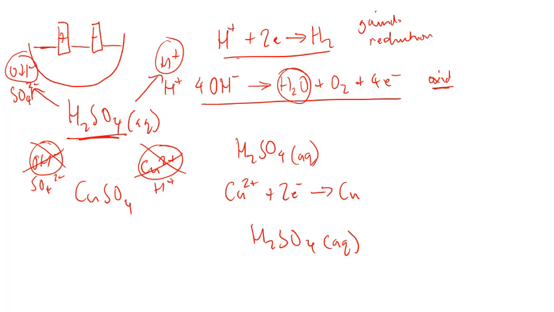Okay. Now, if you look back at this top equation here, your hydrogen and your hydroxide, you can see that if you double this, so we have 2 hydrogens, we have 4 electrons, and then 2 hydrogens here. You can see that for every 4 electrons lost or gained or going around the circuit, we have 2 hydrogens produced and 1 oxygen produced.